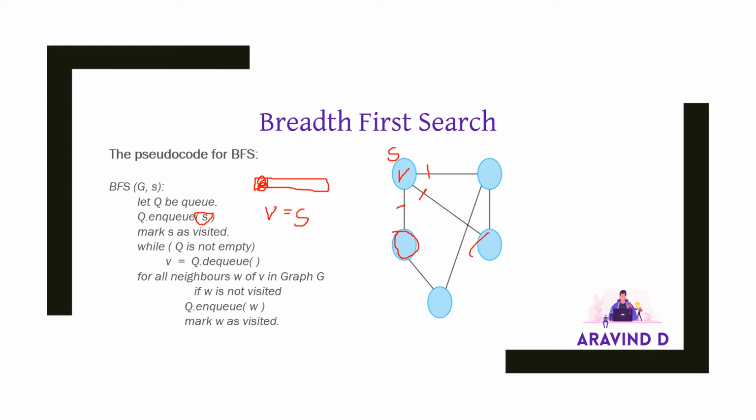And next we are going to insert this node. And next we are going to insert this node and mark these as visited. And these three nodes will be inside our queue now. And we are going to repeat this process until the queue is empty, which means that all the nodes in the graph are visited. So to make it more understandable, we can see a working example in the next slide.